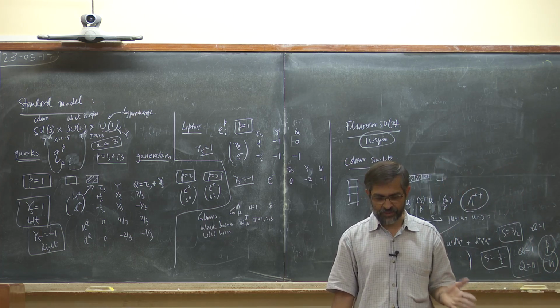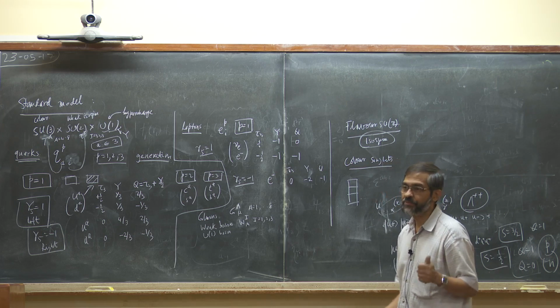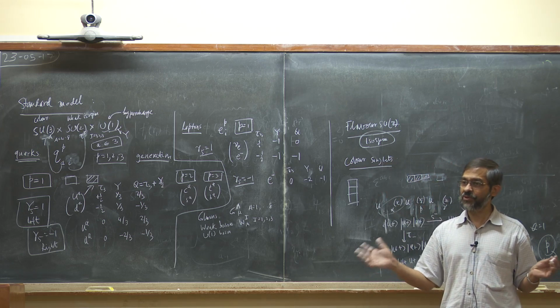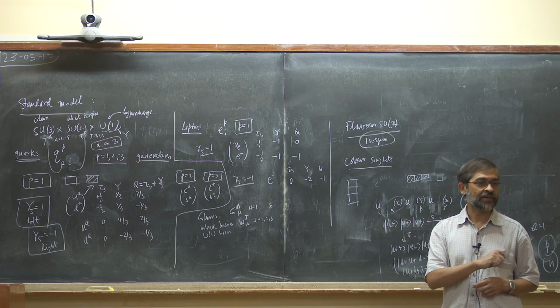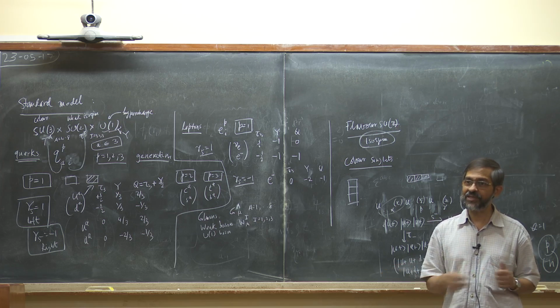In that case, when you ignore the mass differences, they are all called light quarks: up, down and strange. Then there is a bigger symmetry called flavor SU3, involving U, D and S.